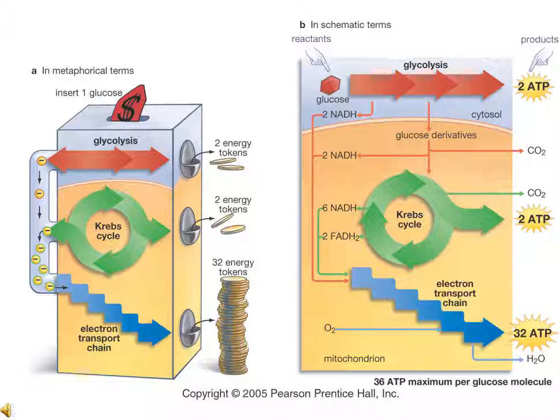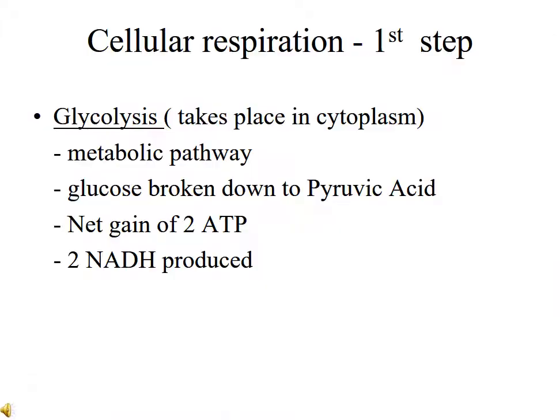What they're doing is grabbing up all the electrons they can get, and eventually they throw these electrons down a channeled or step pathway, which is referred to as the electron transport chain, and this electron transport chain is able to basically suck out all of the energy and convert it into ATP. Now let's look at each of these metabolic pathways step by step in a little more detail.